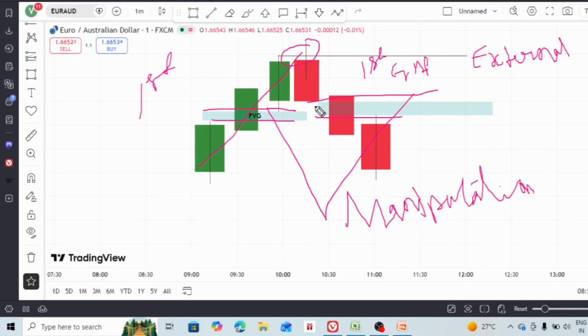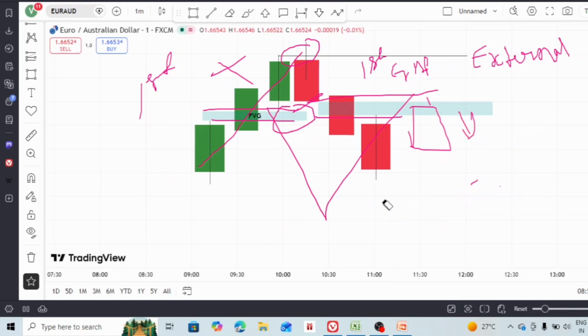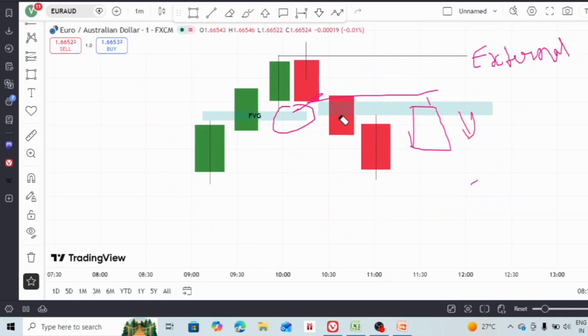Even if there is candle rejection from this gap, you cannot take the trade. Even from this gap, if there is candle rejection, you cannot take the trade, because these are manipulation gaps, and you cannot take a break on a manipulation gap.